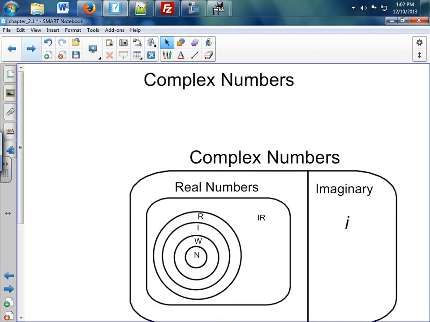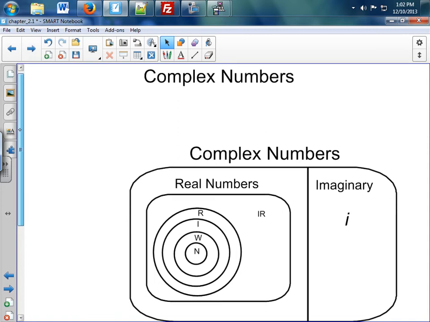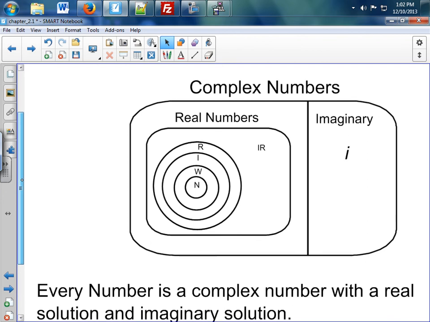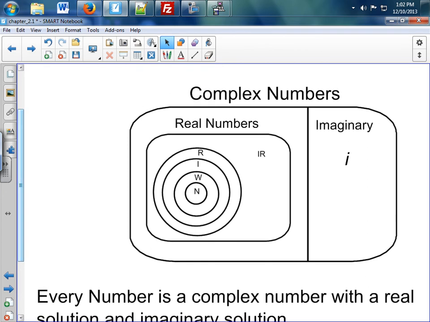Okay, so here it is. Complex numbers. In your 9th grade, 10th grade, and 11th grade, you dealt with the real numbers. You dealt with the natural numbers, the whole numbers, the integers, the rationals, the irrationals. What's an irrational number? Never ends, like pi and e and the square root of 2.